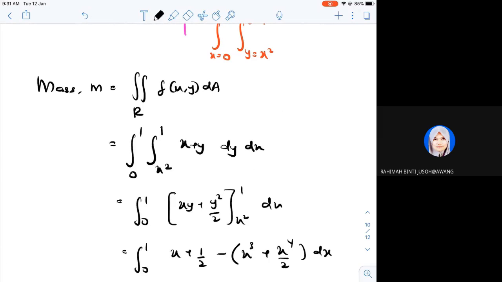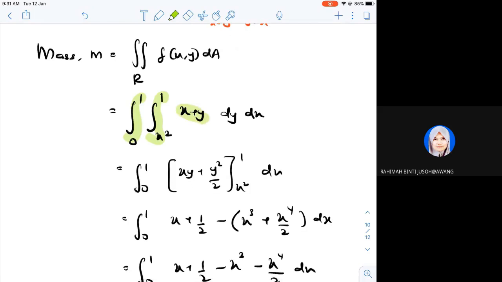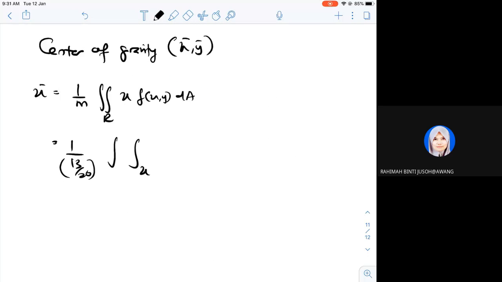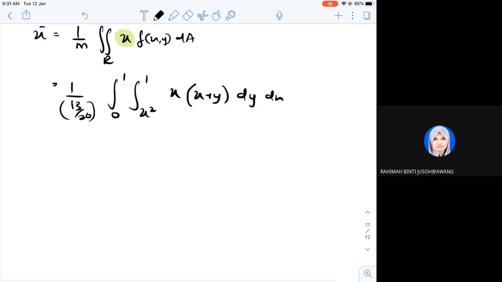Okay, so we will use the same limit. It's the same, and the density function is also the same. So we will have x squared until 1, 0 until 1. But now we have to multiply with x. So x multiplied by the density function x plus y from earlier. So we have dy dx. We can proceed. Now 13 over 20 becomes 20 over 13. It's flipped. 0 and 1.